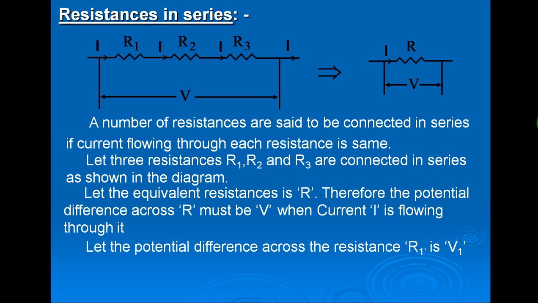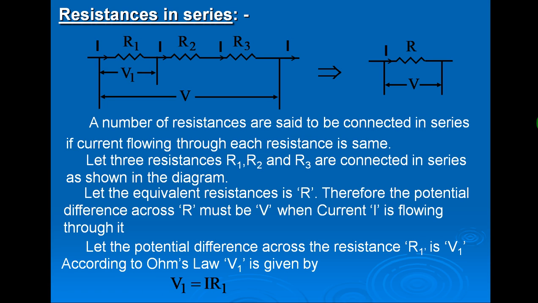Let the potential difference across the resistance R1 be V1. According to Ohm's law, V1 is given by V1 is equal to IR1.